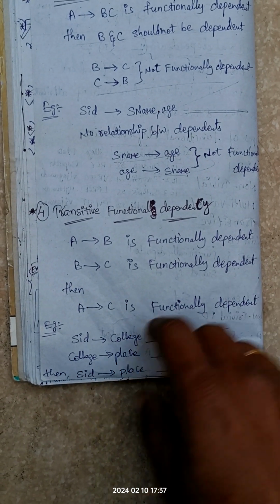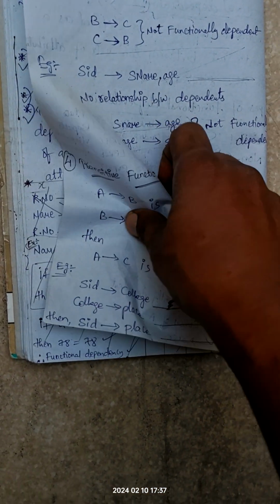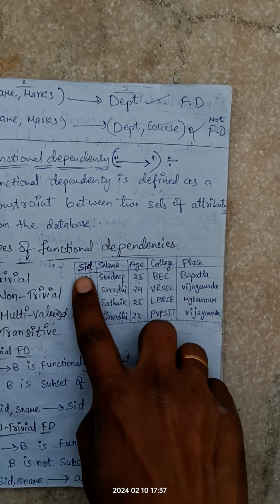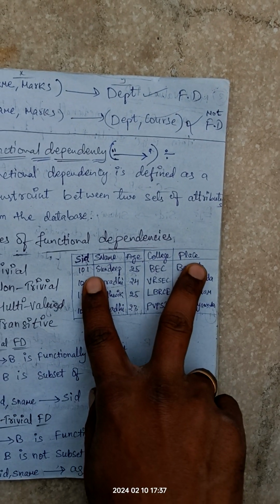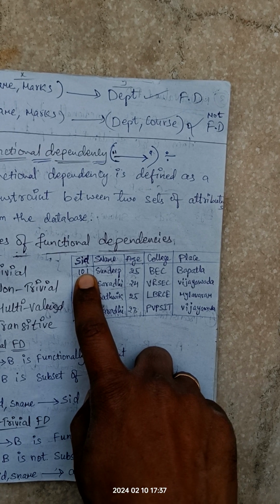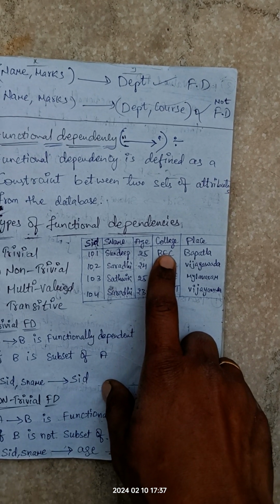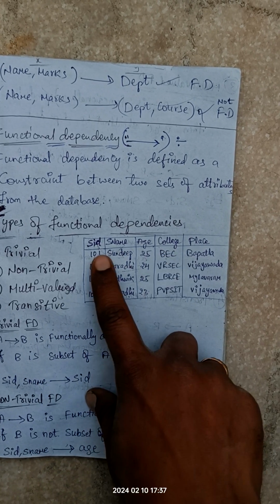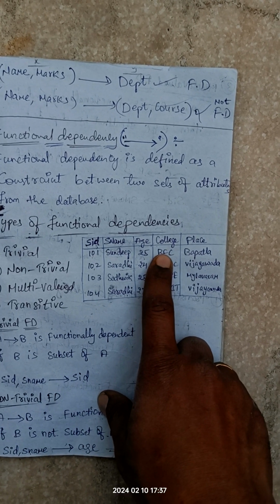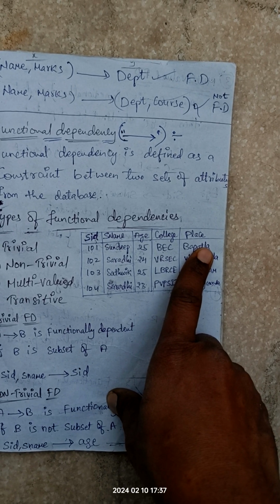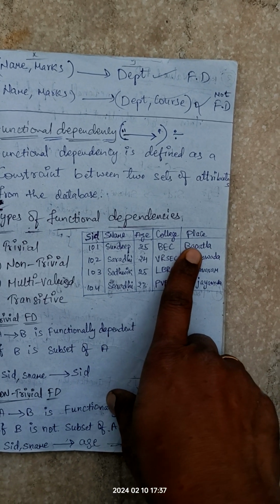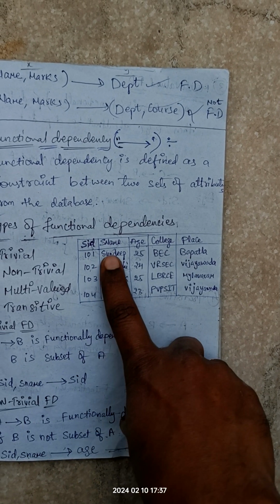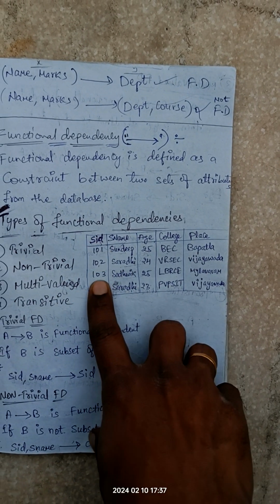Student ID, college, place. Student ID tends to college is functionally dependent, college tends to place is functionally dependent, then student ID tends to place is functionally dependent. We have to look at it like this. We don't have any same x values.